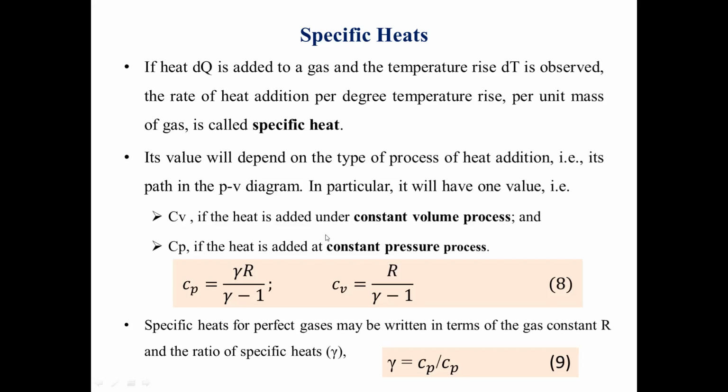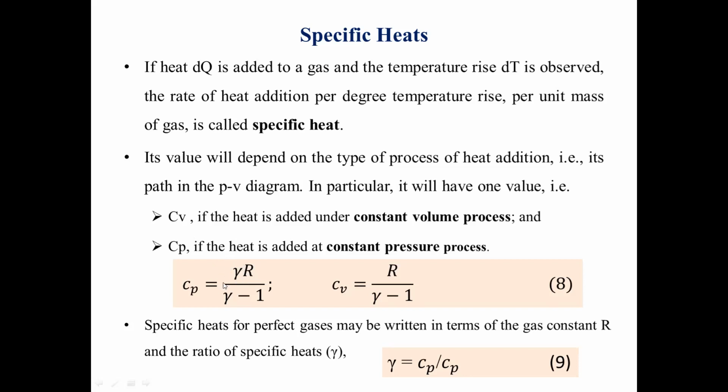If heat dq is added to the gas and the temperature rise dT is observed, then the rate of heat addition per degree temperature rise per unit mass of gas is known as specific heat. We can present specific heat in two ways, in a constant volume process and in a constant pressure process. In the constant pressure process, it is formulated as Cp, which is equal to gamma R. In some books, you can find K instead of gamma.